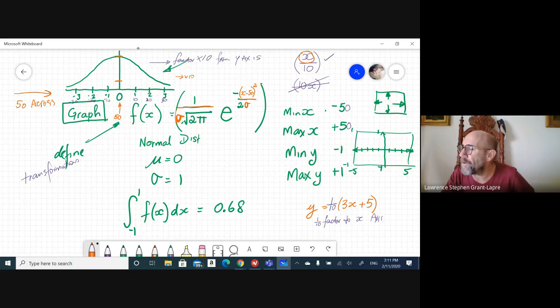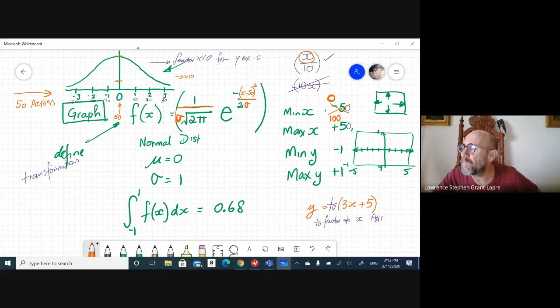We're moving across 50. So now our minimum x will be 0, and our maximum to be 100, because we're going to slide it across 50.